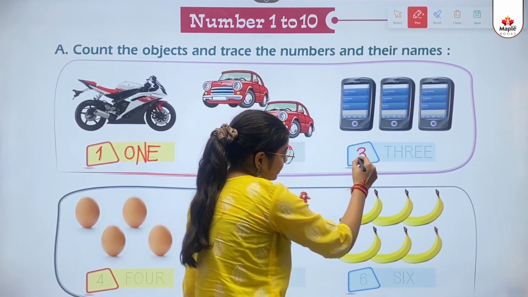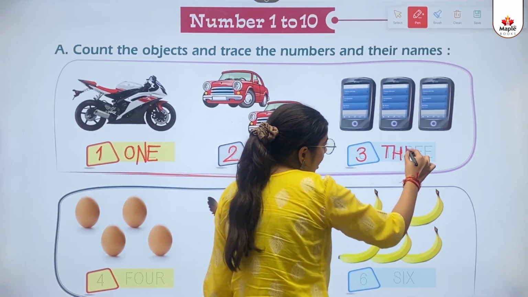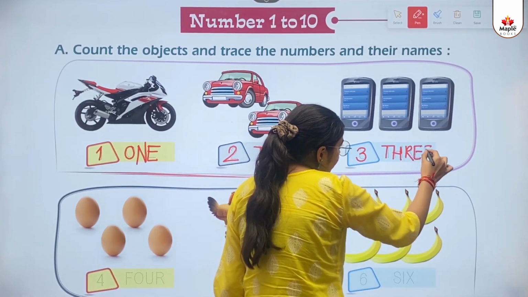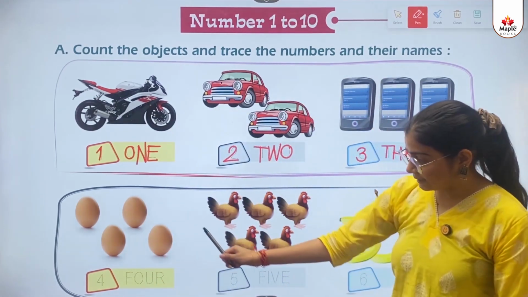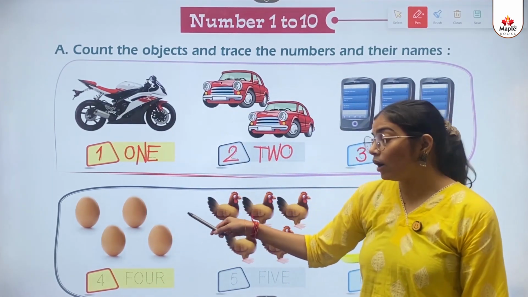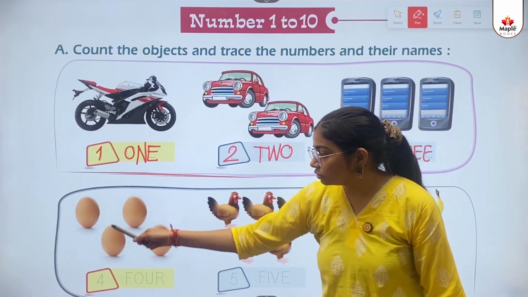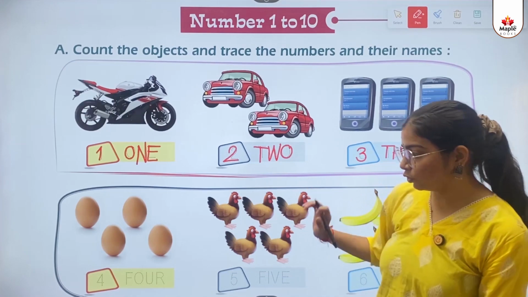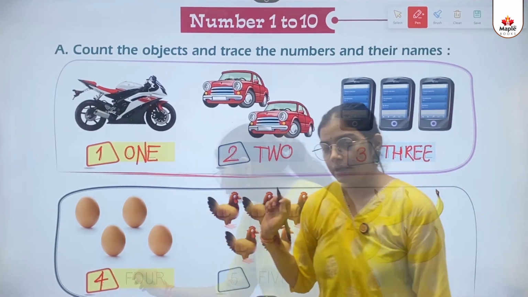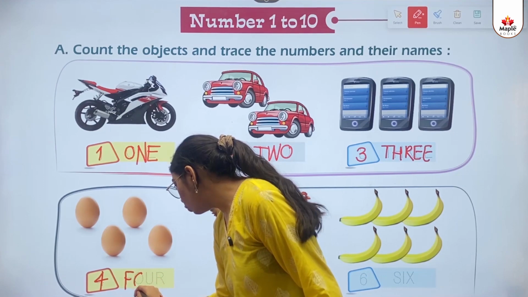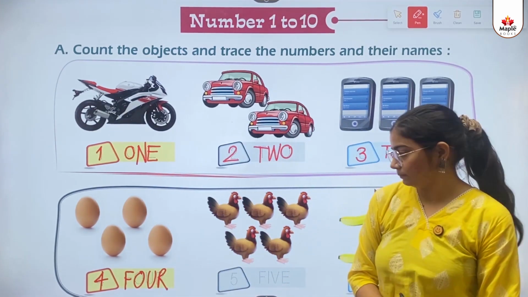So we'll trace here 3, T, H, R, E, E. 3. Then you can see how many eggs are given? 4. 1, 2, 3, 4. 4. So we'll trace here 4. F O U R. 4.